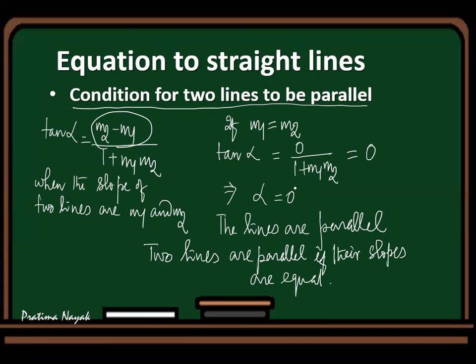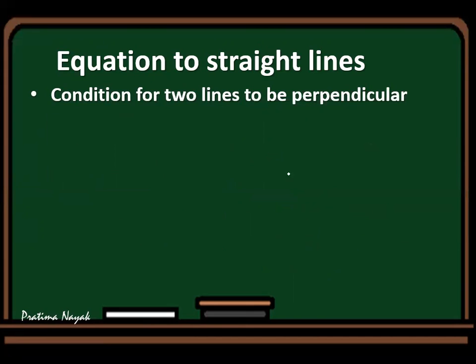Now let us see the other condition when they will be perpendicular. So tan alpha is equal to (m2 minus m1) by (1 plus m1 into m2). In the previous condition, I made the numerator 0.